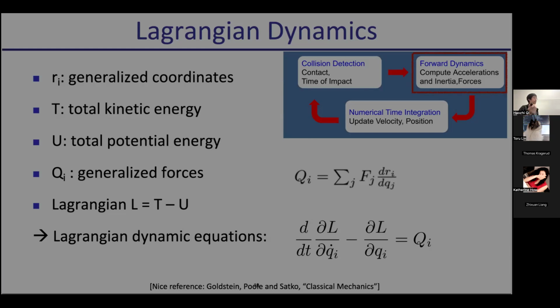Kinetic energy and potential energy are defined the same as in physics. And generalized force, in this limited robot arm manipulation example, only means how much torque you applied on each of the joints. So the formulation is, if you write down the kinetic and potential energies and take a derivative of L, where L is T minus U.